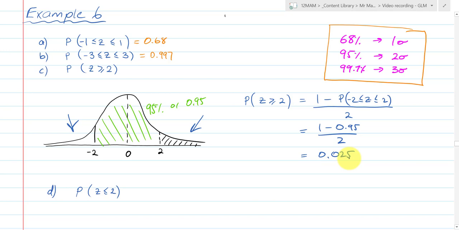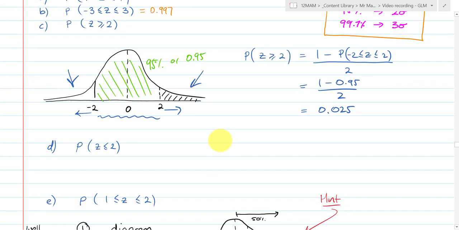2.5% of data exists above 2, 2.5% exists below -2, and 95% exists in the middle, and that makes 100% in total. So you see the calculation I just did there. Don't ever forget that you can do 1 minus the probability that Z is greater than or equal to 2 will give me the probability that Z is less than or equal to 2.